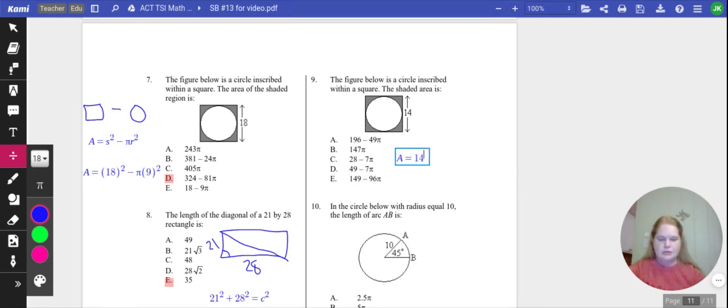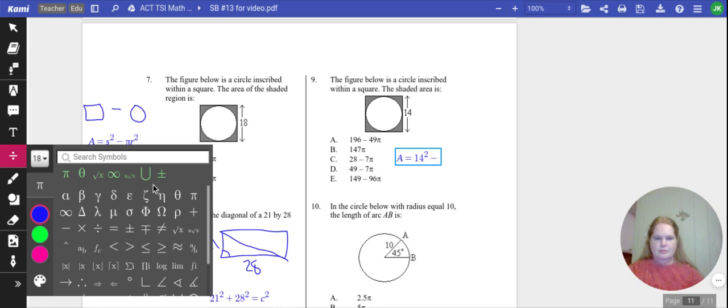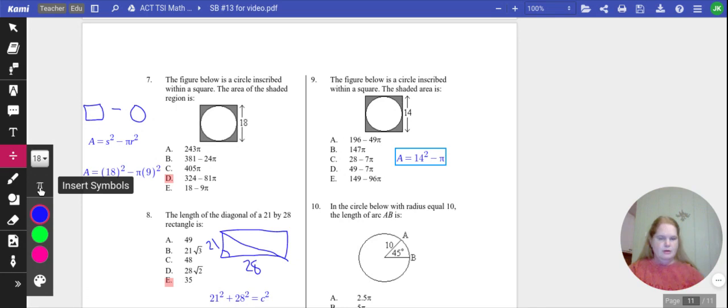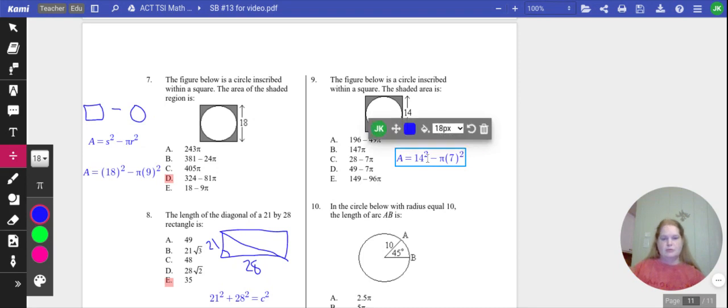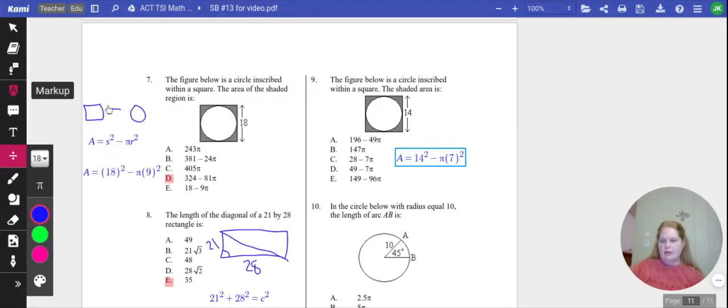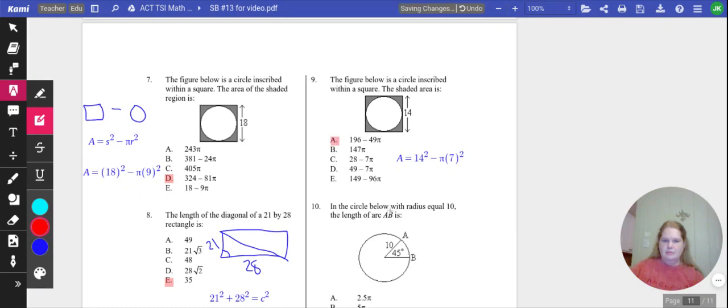So 14 squared minus, now we've got to do the circle, pi r squared, half of 14, that's the radius, would be 7 squared. And then we go to our calculator. 14 times 14 is 196. 196 minus 7 times 7 is 49. So 196 minus 49 pi. There it is, part A.